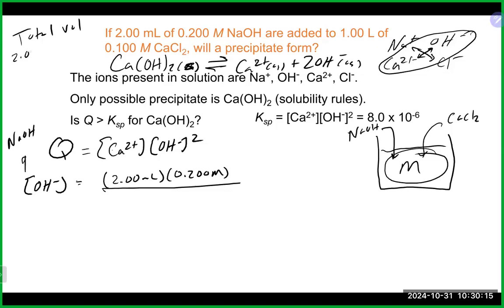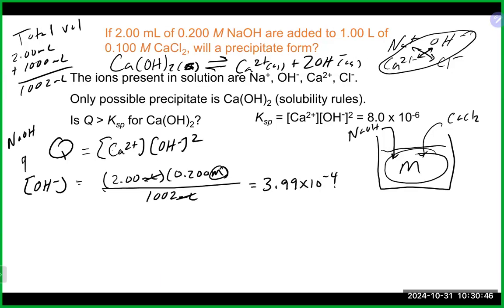So I have 2 milliliters of my sodium hydroxide, and 1 liter is 1,000 milliliters of my other guy. So basically 1,002 milliliters. Milliliters will cancel, leaving us molarity here. Since we're using the dilution equation, we don't really have to convert to liters, but you could if you wanted to. Divided by 1,002, that gives us a hydroxide concentration of 3.99 times 10 to the minus 4 molar.